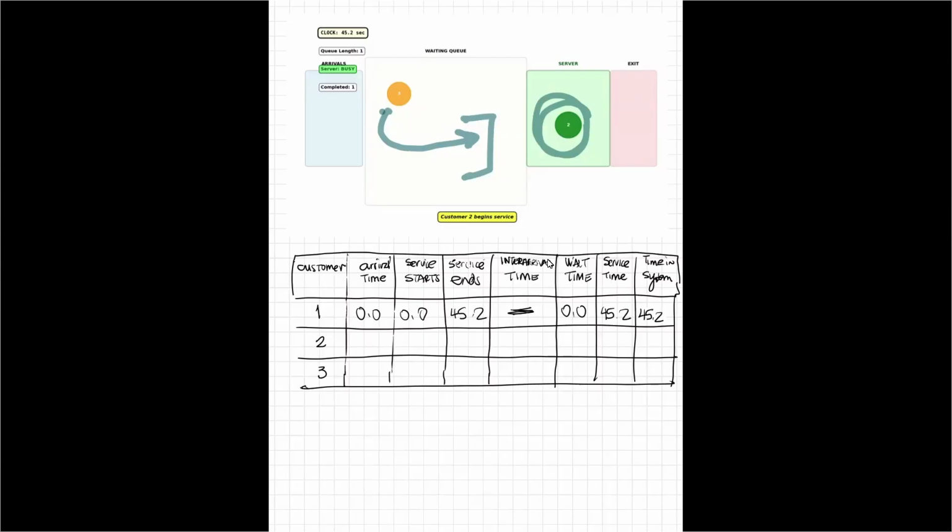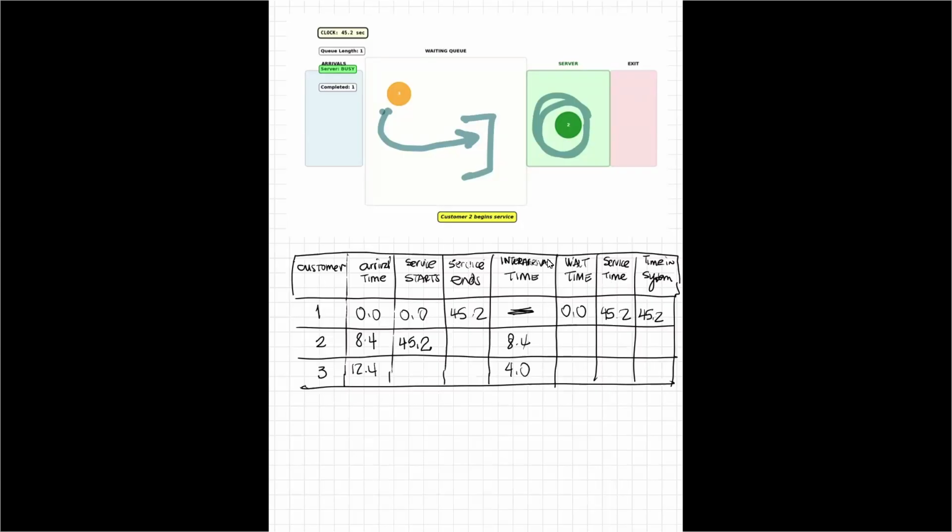Okay. This was 8.4 and 12.4. The inter-arrival time was 8.4 and 4. Now we know that service starts for customer number 2 at time 45.2. We don't know what time we finish, but we already know the wait time.